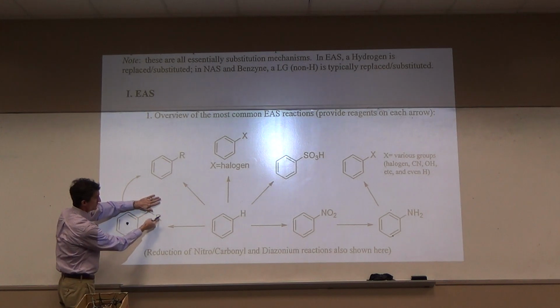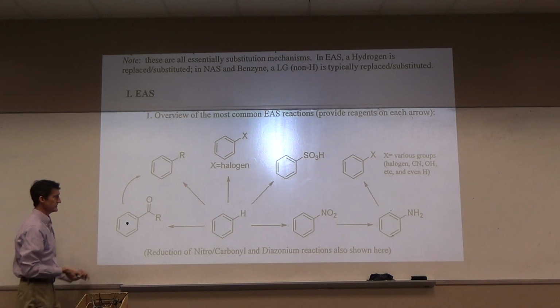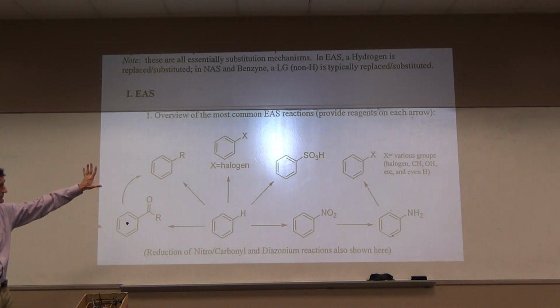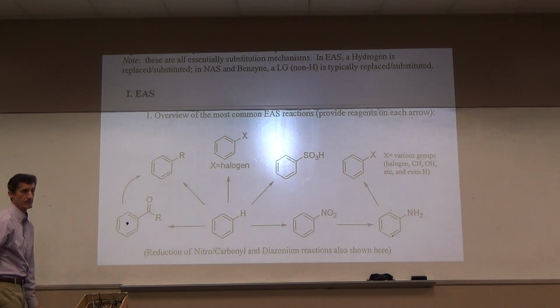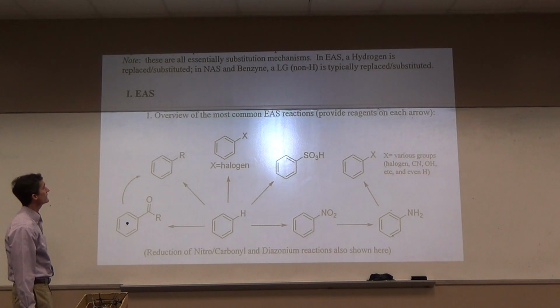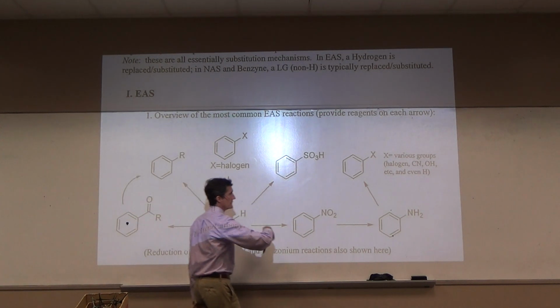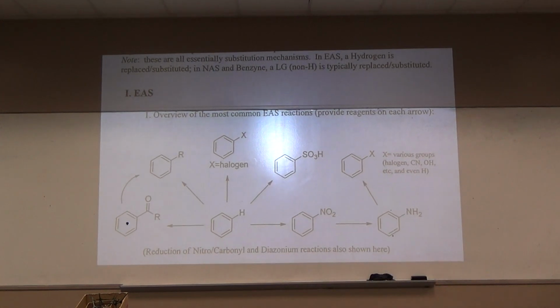It's going to be CH2R. But CH2R is just a longer form of an R. One extra carbon. So we'll see all this chemistry. This falls under EAS. These are all electrophilic aromatic substitutions here. That's not an EAS. That's just something we do there.